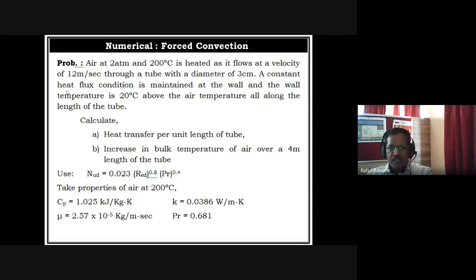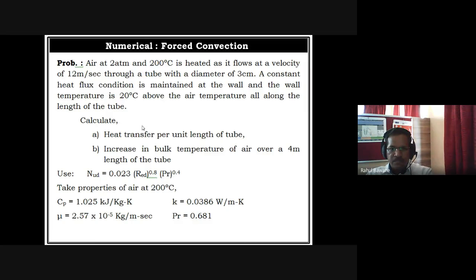A constant heat flux condition is maintained at the wall, and the wall temperature is 20 degrees centigrade above the air temperature all along the length of the tube. Remember, our air temperature is 200, and the wall temperature is 20 degrees above the air temperature. That means the wall temperature is actually 220 degrees centigrade.